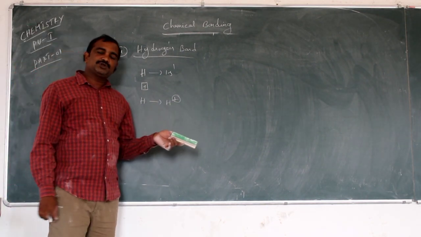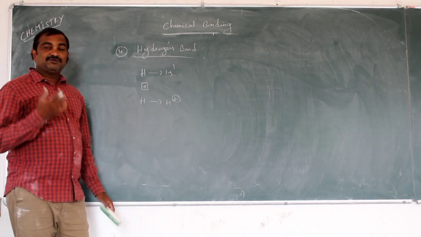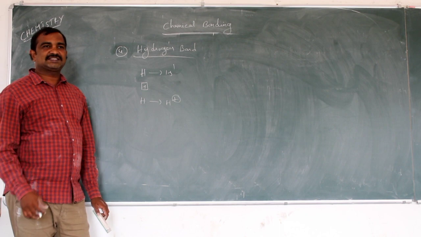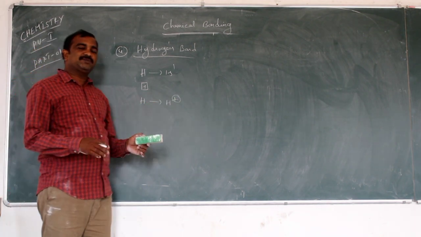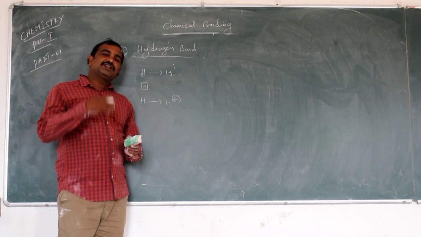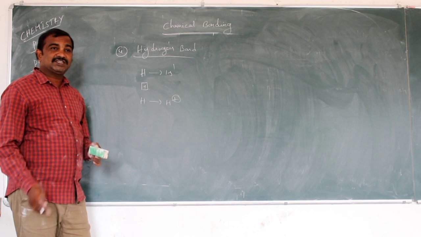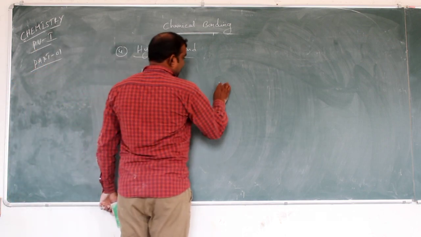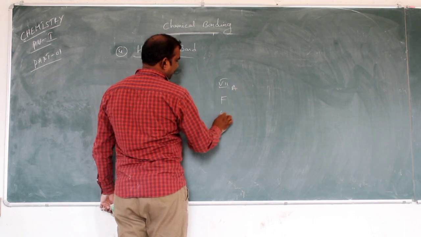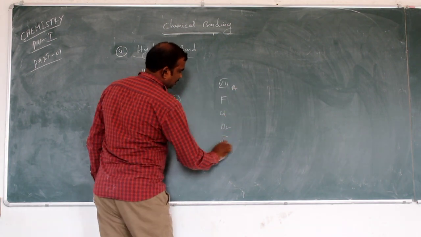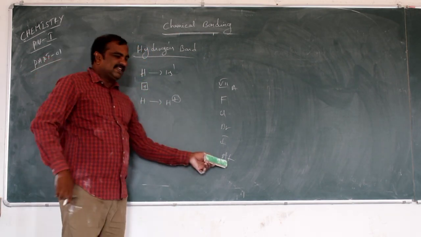So this partially positive atom makes a bond with which atoms or ions? Less positive charge makes a bond with rich negative charges. What are rich negative charges? Group 7A elements: chlorine, bromine, iodine and astatine. These are big sizes.